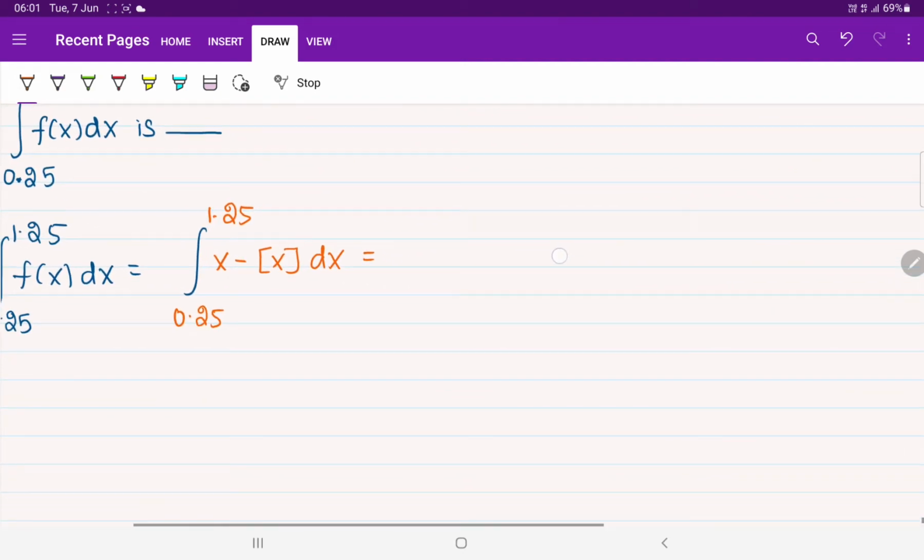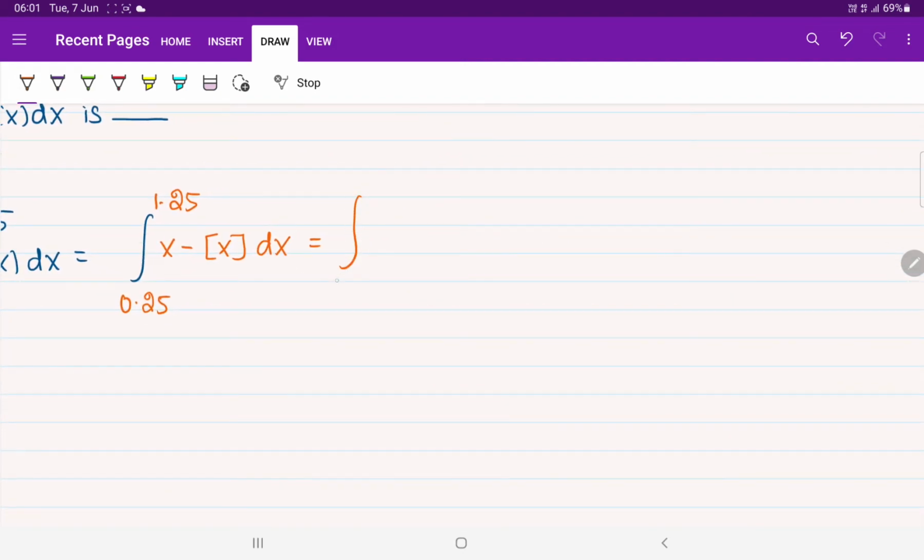It can be further written by breaking it into two integrals: 0.25 to 1.25 of x dx, minus the integral 0.25 to 1.25 of the closed interval of x dx.